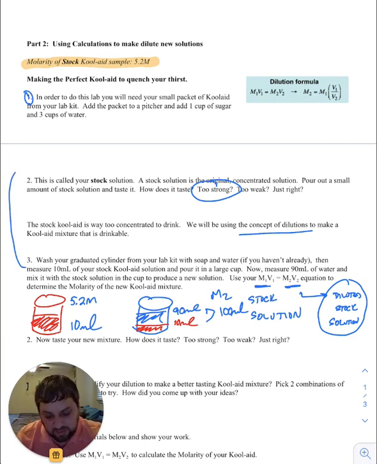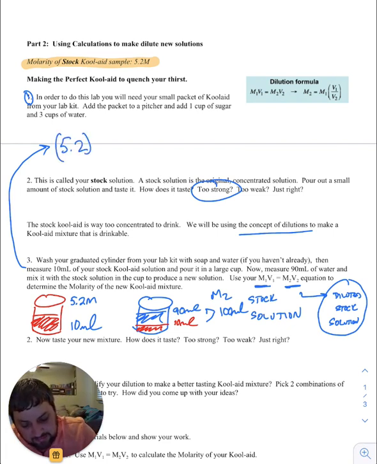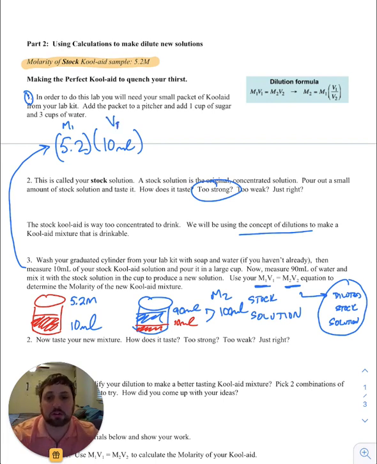So I'm actually going to do the math up here because I have a little room on my paper, and plug these numbers into my equation. So I have 5.2. Again, this is my M1. That's my stock solution. I have 10 milliliters of it that I measured out. So that's my V1. And that's going to be equal to my M2.